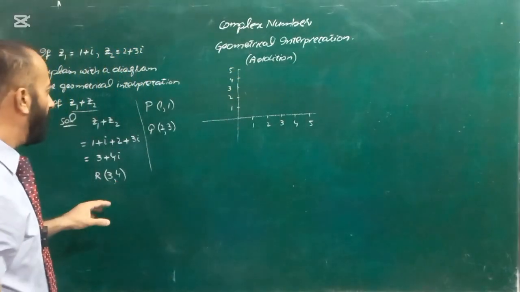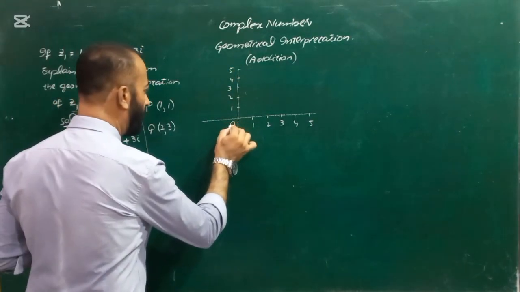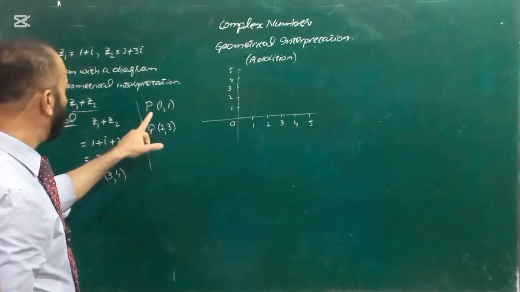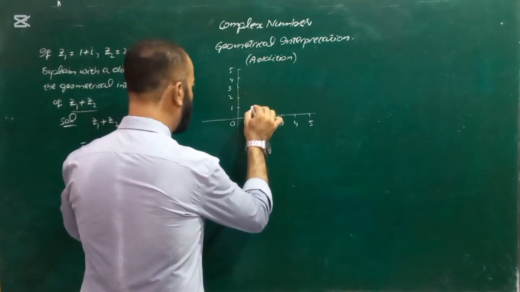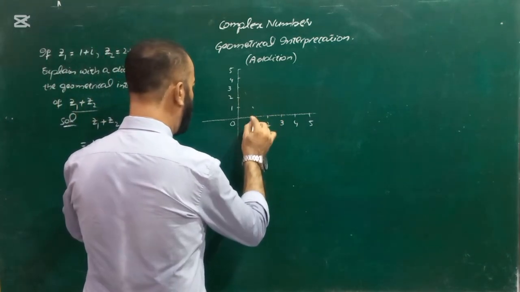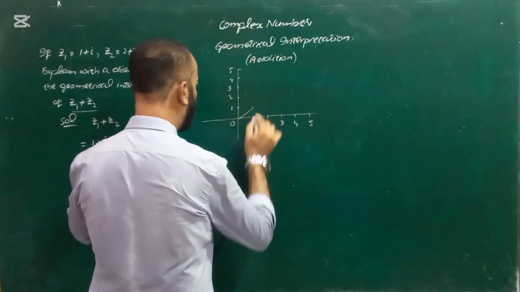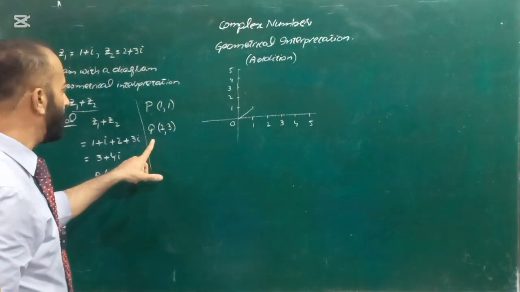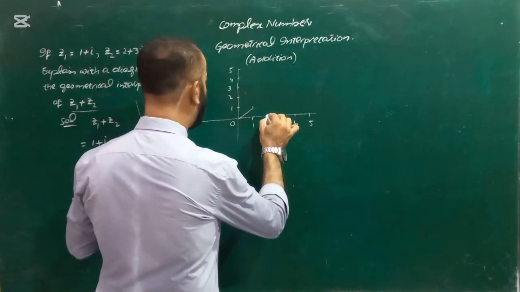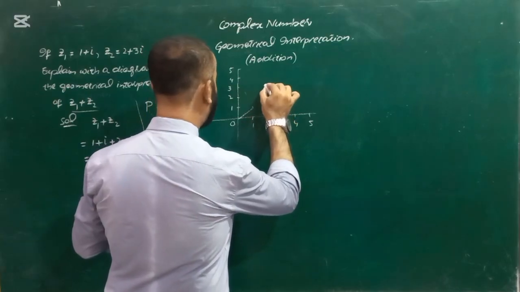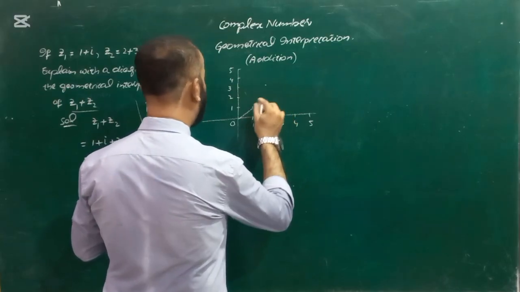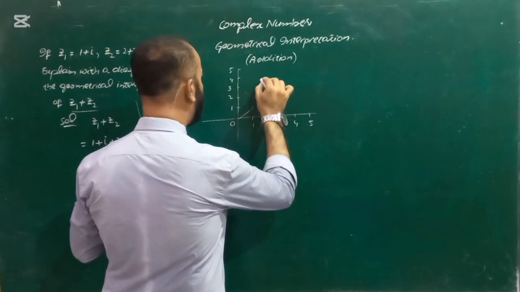So here is the origin, that is (0, 0). So P is (1, 1). So this is P. Okay, Q is (2, 3). Here is 2, and here is 3. So here is Q point.